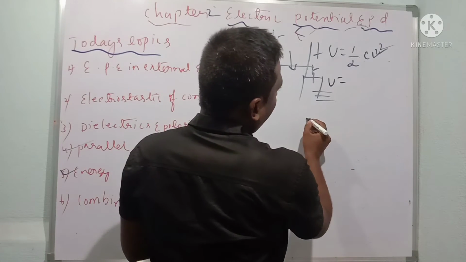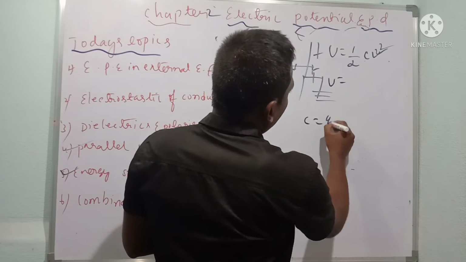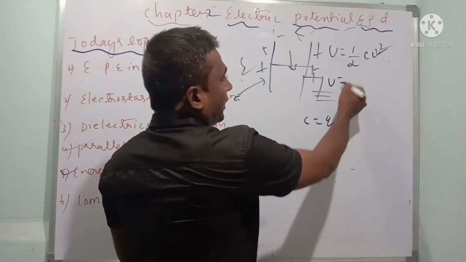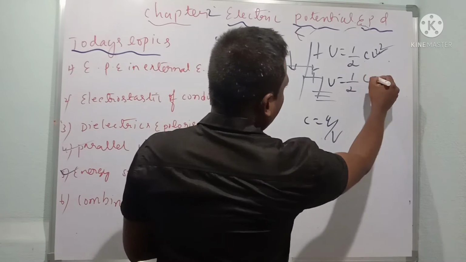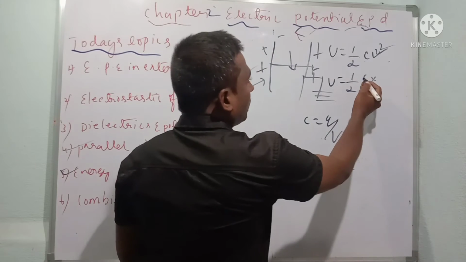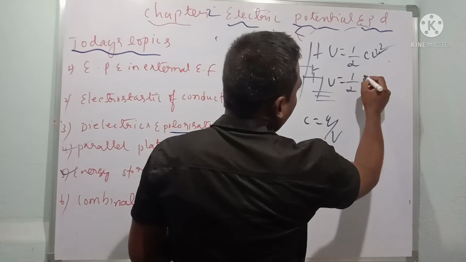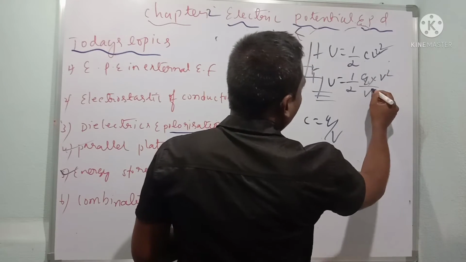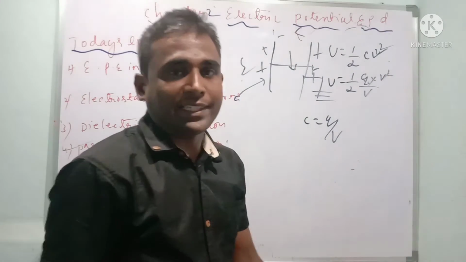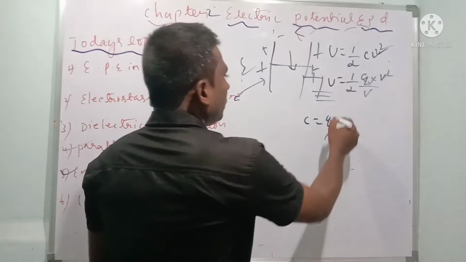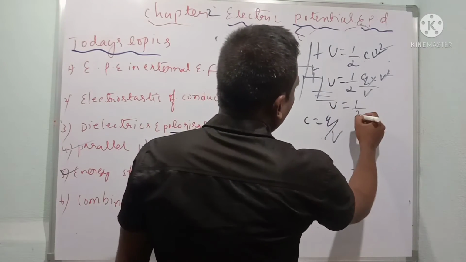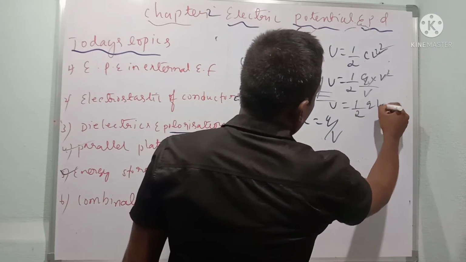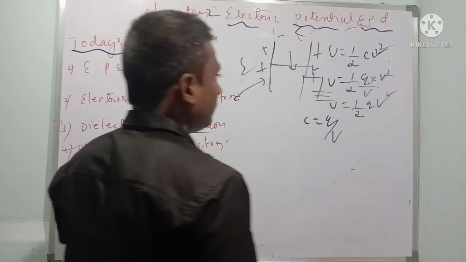We know that C is equal to Q divided by V. That becomes half into Q, that is V square divided by V, V is going to be cancelled. Then U is equal to half QV. This is one expression.